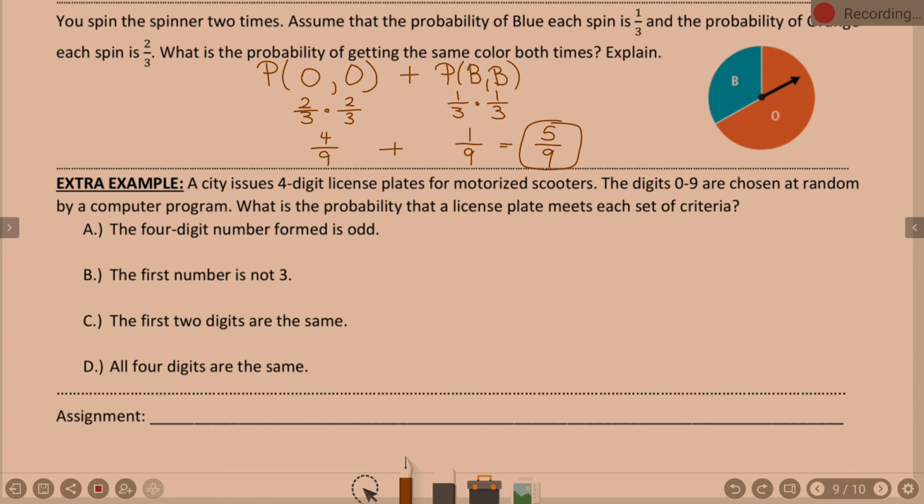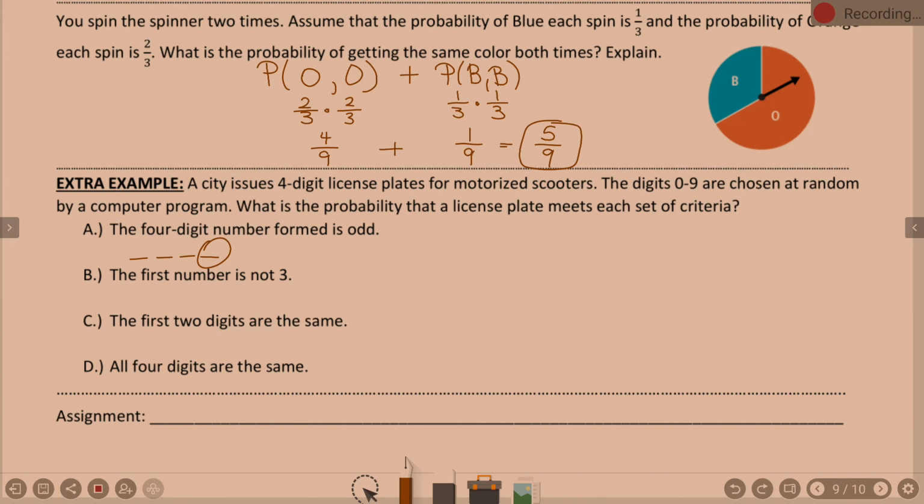Now, the first one is on the easier end of this. What is the probability that the 4-digit number is odd? What is the probability in general that any number is odd? 50%? 1/2? And here's the deal, this is a 4-digit number, right? But all that really matters is the last digit, because that's going to make something even or odd.